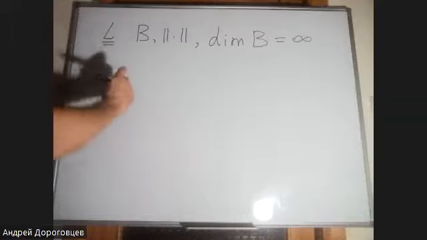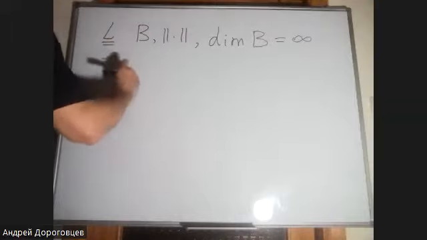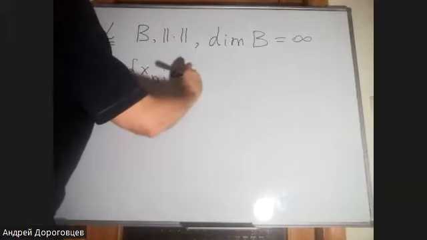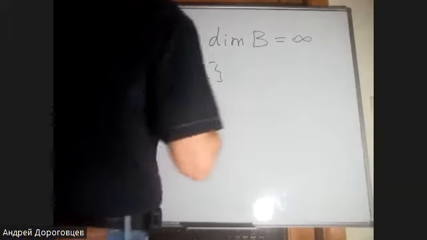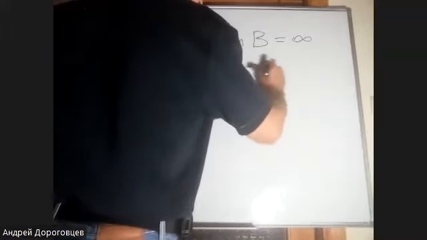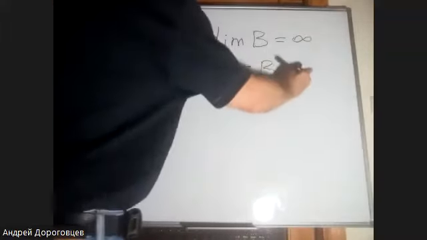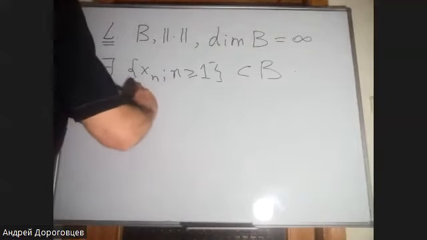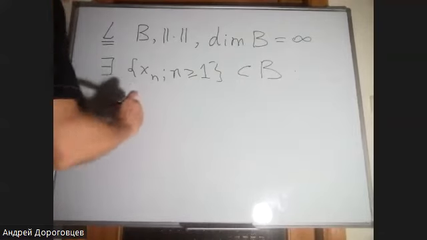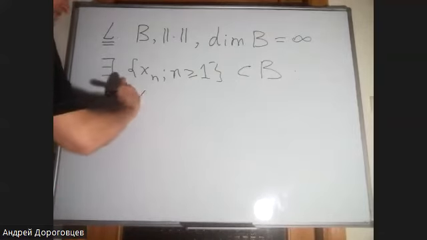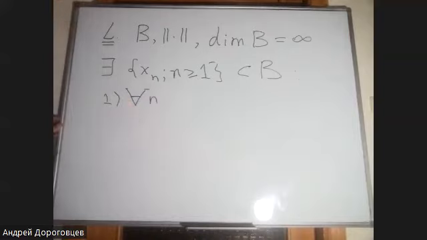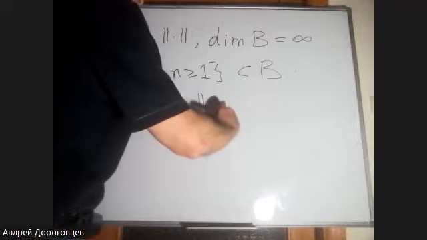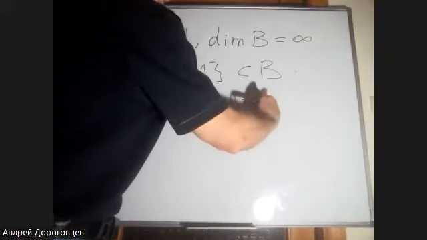Then there exists a sequence xn, a subset of B, such that the first one, for every n, the norm of xn is equal to 1.